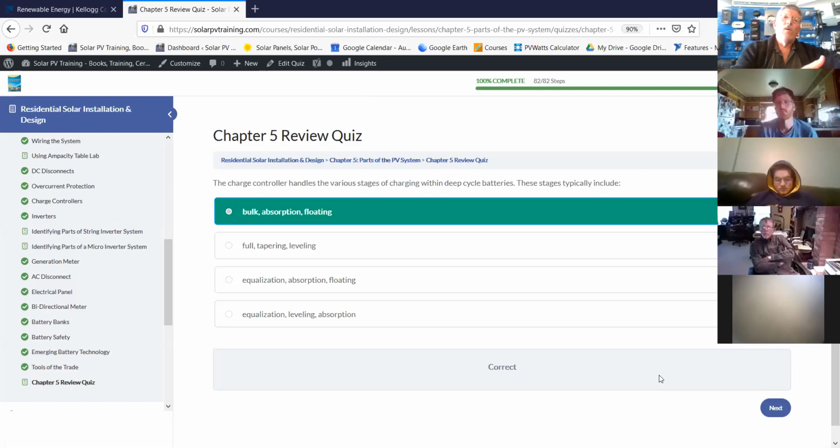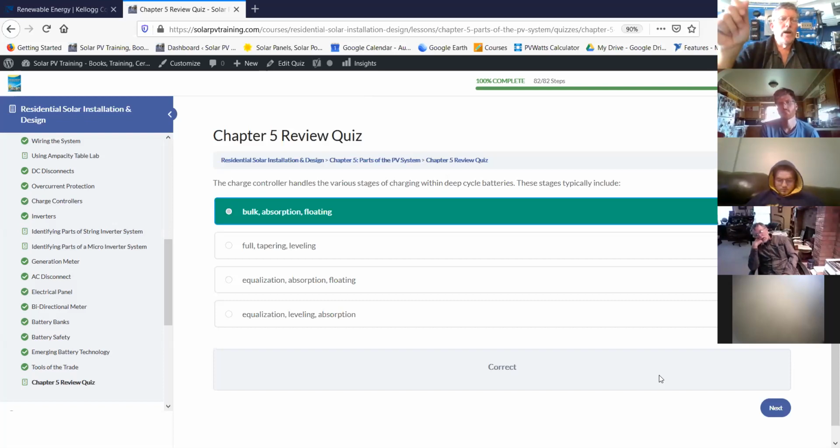Because once you reach a preset point, which is usually going to be around 90%, your charge controller starts to vary the pulse width. You can think about it like flipping a light switch on and off. If it's on for 10 beats and off for 0, that would be bulk charging. But then it would be on for 9, off for 1, then on for 8, off for 2, and so on.